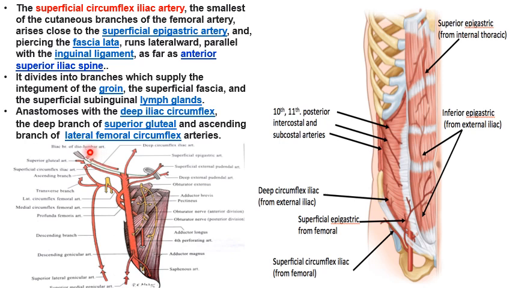So these are the branches of the internal iliac artery. So there is a communication between the internal iliac artery and the external iliac artery's branches. So that is what the spinous anastomosis is.